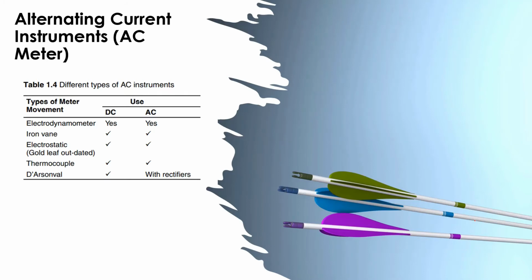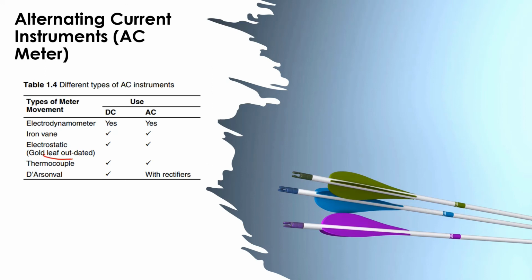And then for alternating current instruments, we have different types of AC meter instruments. There are 5 kinds of meter movement. For DC, we can use the electrodynamometer, and then we can use the iron vane also for DC and AC, and we can use electrostatic, also for DC and AC.